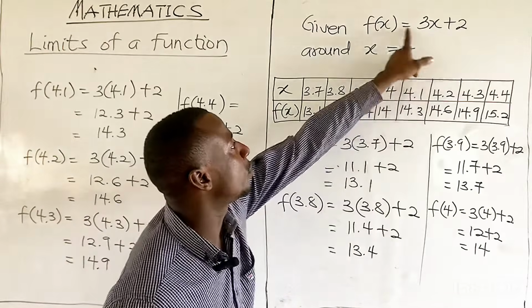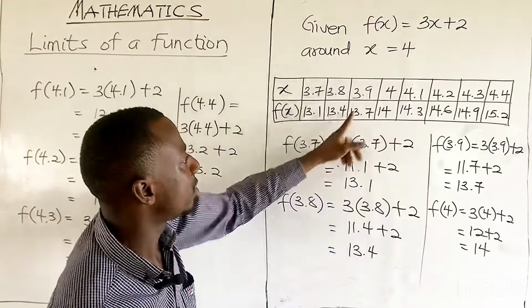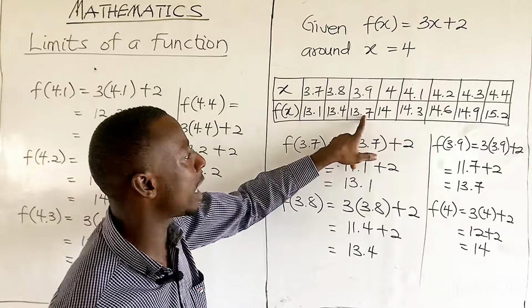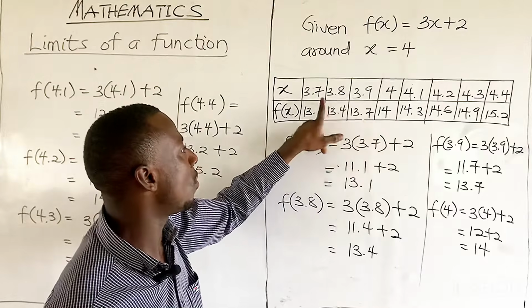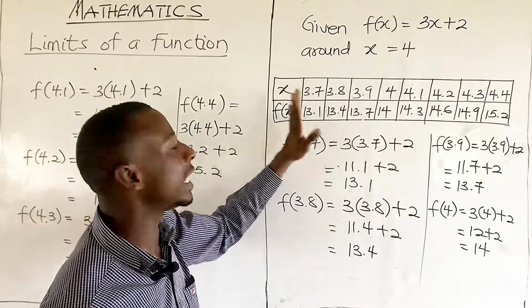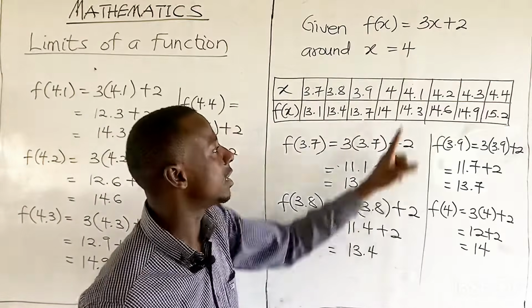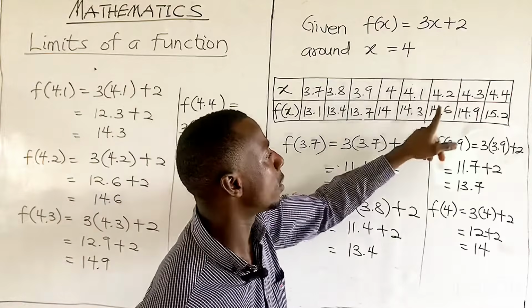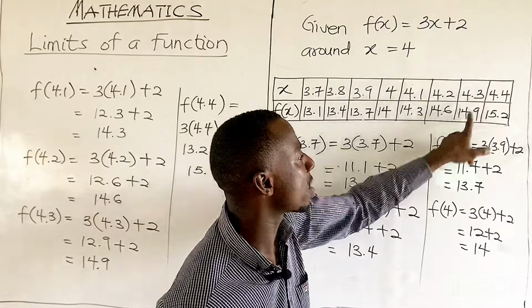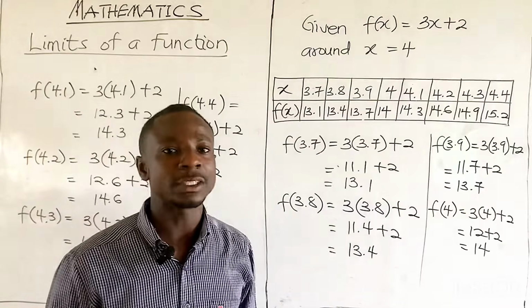We were trying to find around 4. As we decrease from 4, we have 3.9, 13.7, 3.8, 13.4, 3.7, 13.1 in that order. And as we increase the value of x from 4, we have 4.1, 14.3, 4.2, 14.6, 4.3, 14.9, 4.4, 15.2.